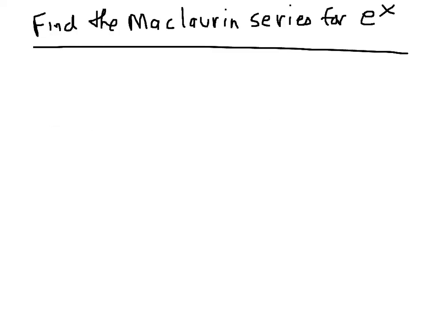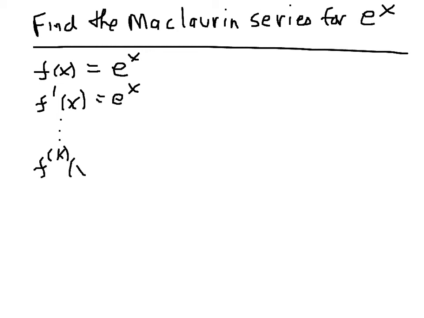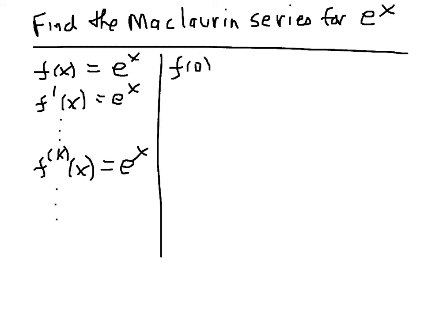Okay, so just to tie up this work with e to the x, let's find its Maclaurin series. If we start with e to the x, the first derivative is e to the x, and all the derivatives are e to the x. What could be easier than that? If we evaluate these at 0, we get 1, and all of the derivatives evaluated at 0 are 1.